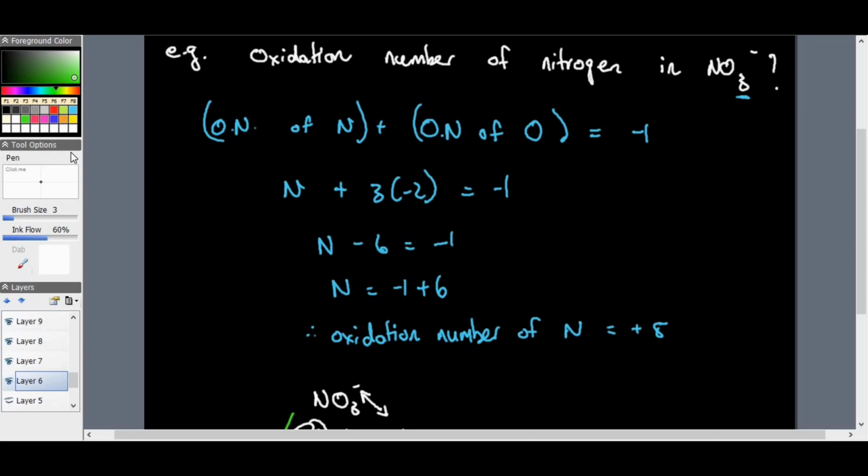If there's no change in the charge from left to right, from reactants to the product side of the reaction, we know that the reaction is not redox. If there has been a change, then we know that there is a redox reaction.